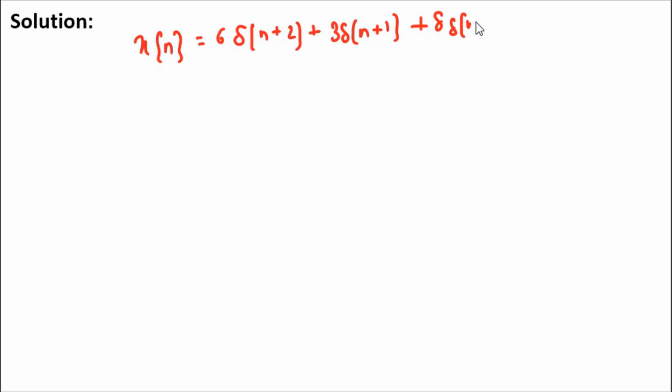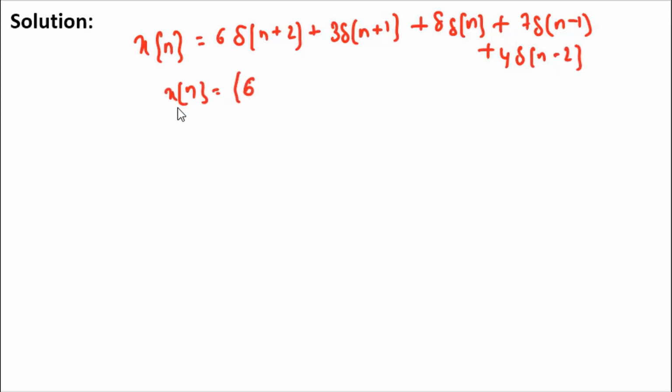Now coming to the solution, in this question you are given x of n, which is equal to 6 of delta n plus 2, plus 3 delta n plus 1, plus 8 times delta n, plus 7 delta n minus 1, plus 4 delta n minus 2.